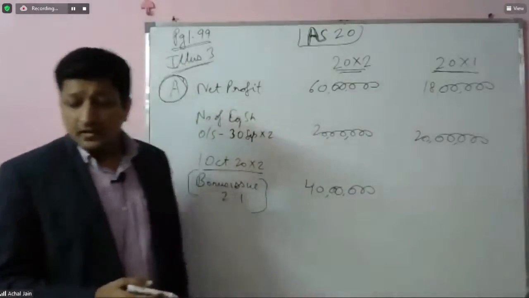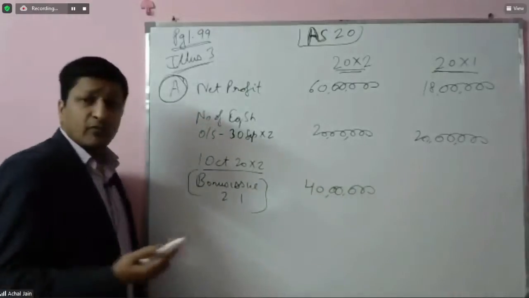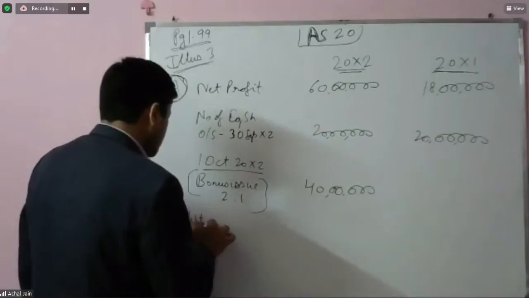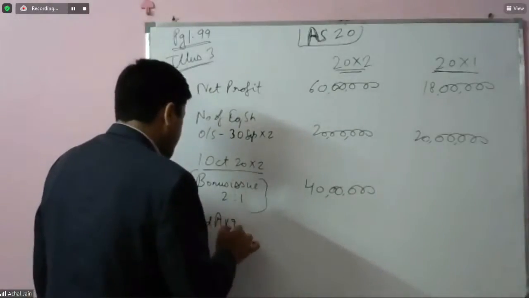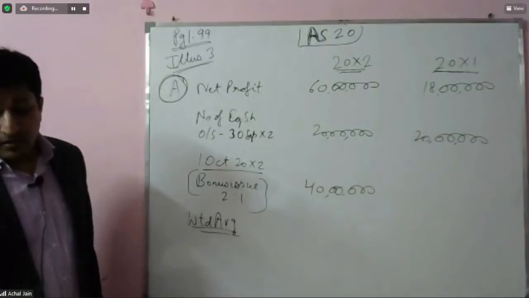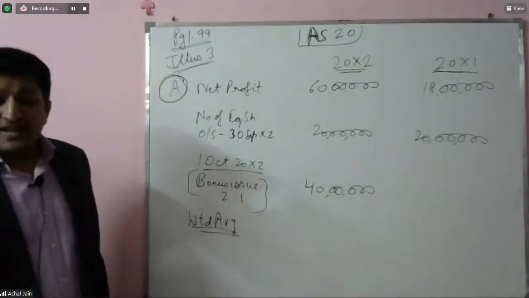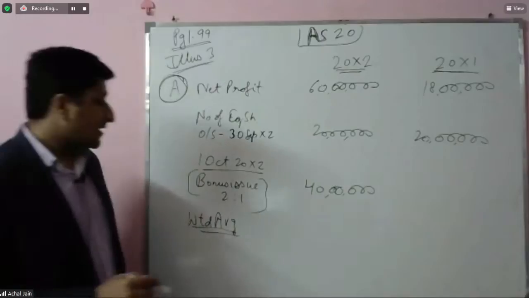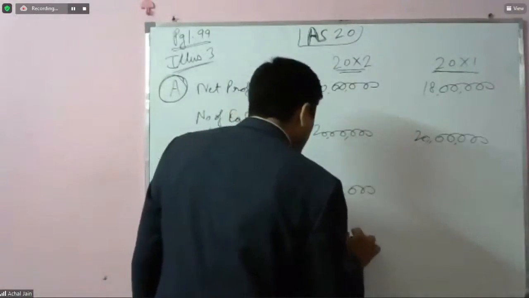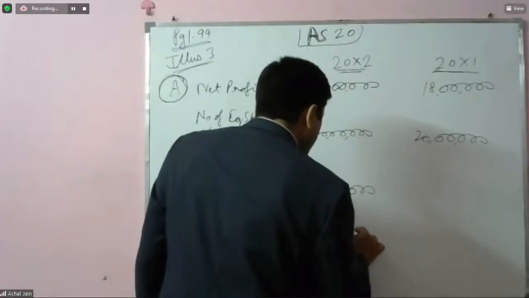So let's see how we compute it. We have already done this computation. Weighted average: we have got 20 lakhs as the number of shares into 12 divided by 12.